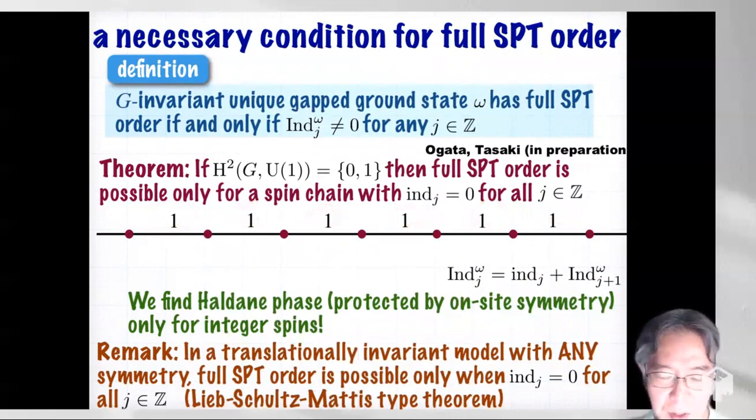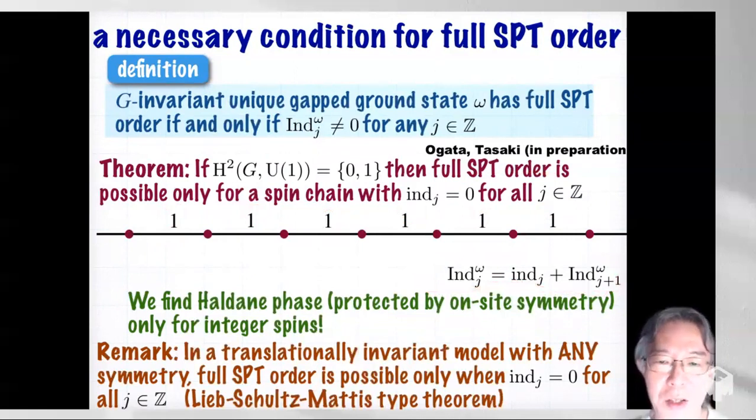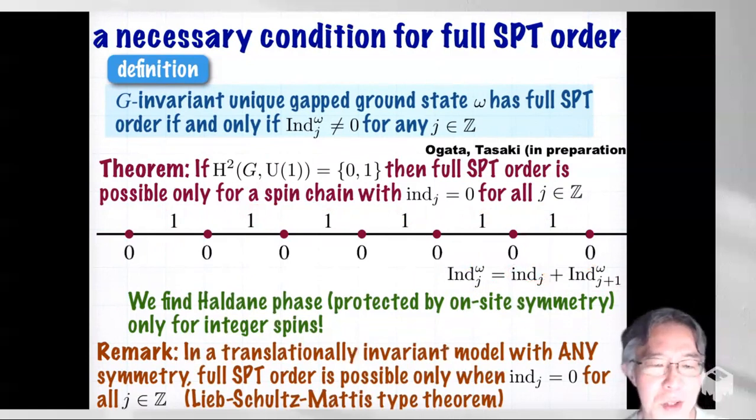So from the fact that this has full SPT order, we know that Ogata indices are 1 everywhere. But now, I think you know the proof. Ogata indices must satisfy this relation, this additivity. This is 1, this is 1, then this lowercase index should be 0. Very easy computation, and this is rigorous.